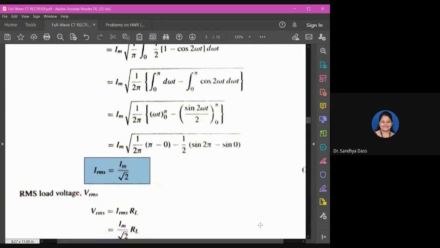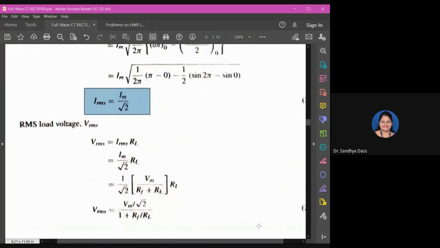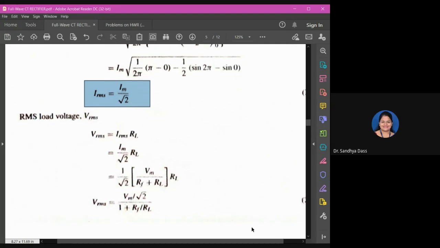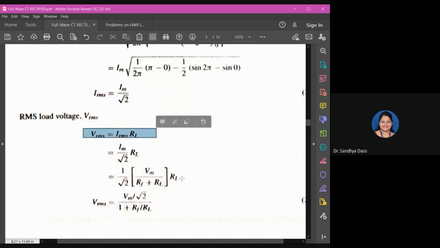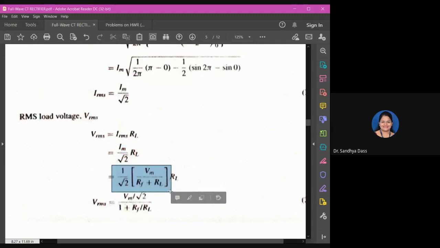Good. Those who have a problem, see there, it is just substitution. VRMS is equal to IRMS into RL. So IRMS you have just derived there. It is Im by root 2 into RL. Substitute Im with VM by RF plus RL.